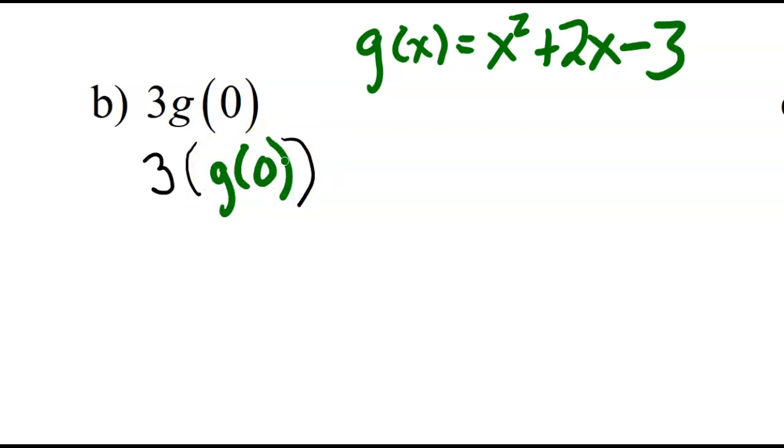Once again, g is just a name, so I can't do math on that. So in order to actually do this, I need to figure out what is my number. So how do I do that? Well, what is this saying?